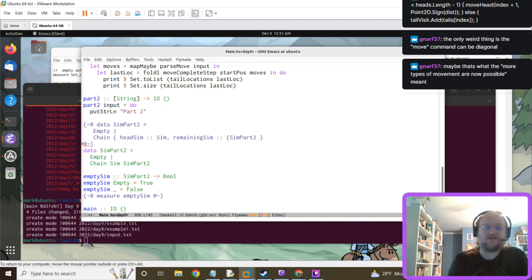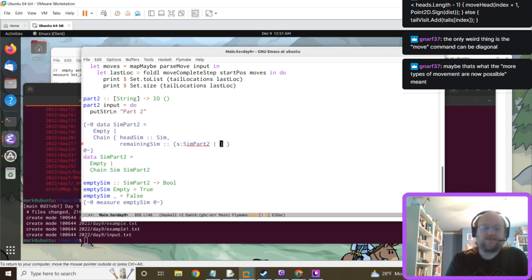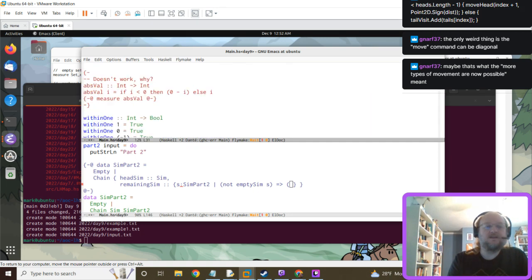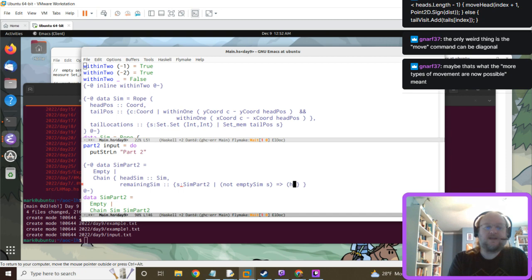So the type is... so if S is not empty, then the head position of S equals the tail position of the head simulation.